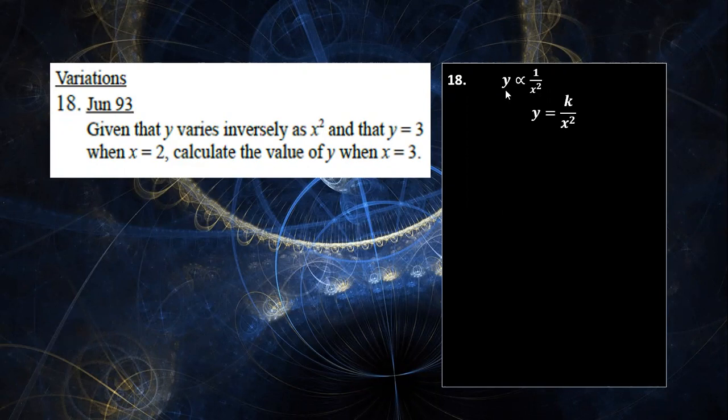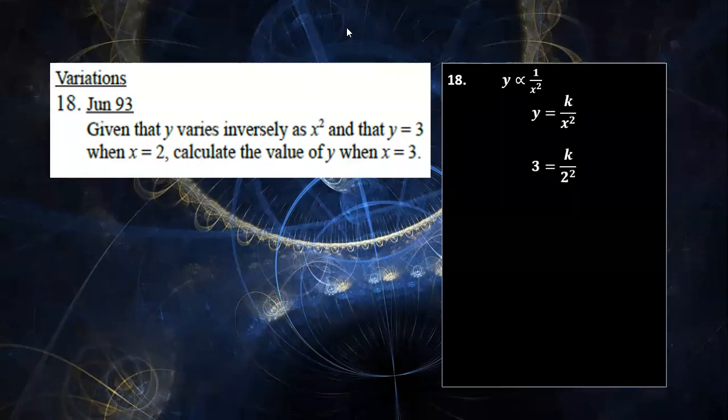Hey guys, let's continue. I replaced y and x with these values here. In this case, these are the boundary conditions. When y is 3, x is 2. So y is replaced with 3 and x with 2, right? Not 4, x is 2. But when we square it, it becomes 4.